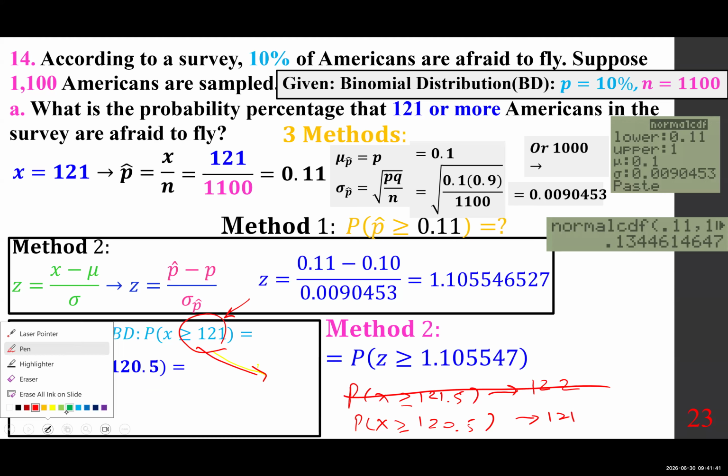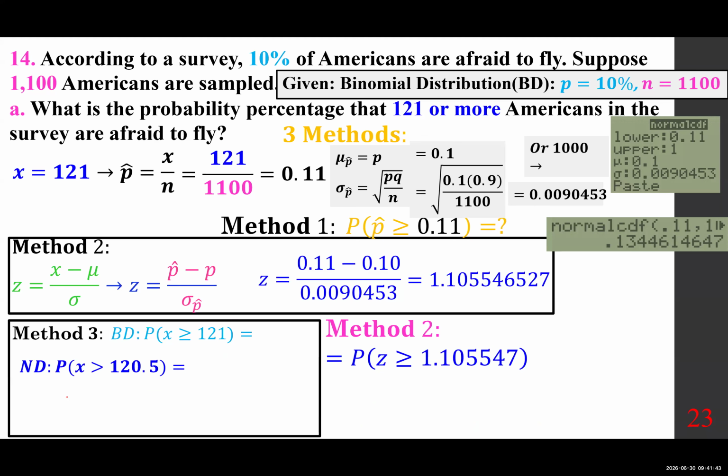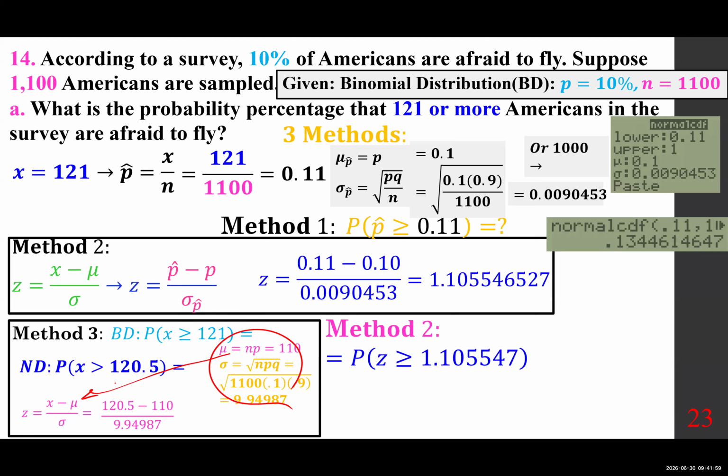I'm going to erase my work. And now I need to find the z-score. Mu is np, sigma is the square root of npq. So I need this information to put in here and evaluate it.